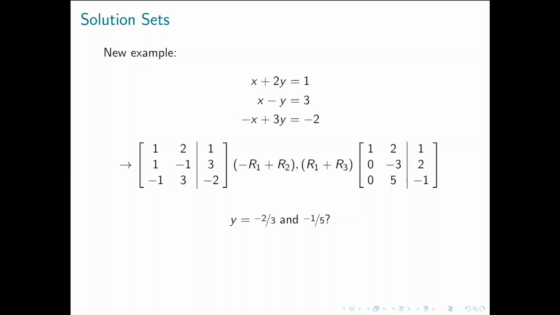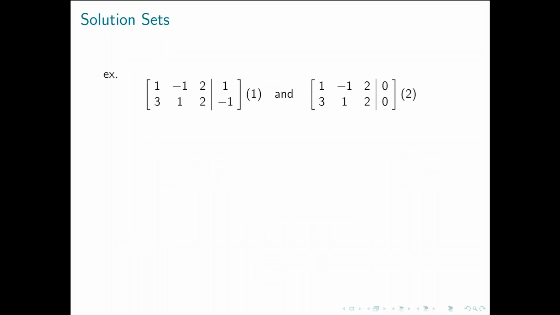And in this case, because we have 2 rows that disagree with one another, we have 2 conflicting values for y, it can't be both, it can't be either, there is no solution. So it is, in other words, impossible to solve this system. It is impossible to find values of x and y that make all 3 of these equations true at the same time. The solution set is the empty set. We might write that as just 2 empty open curly braces, or we might write it as the no solution symbol here.